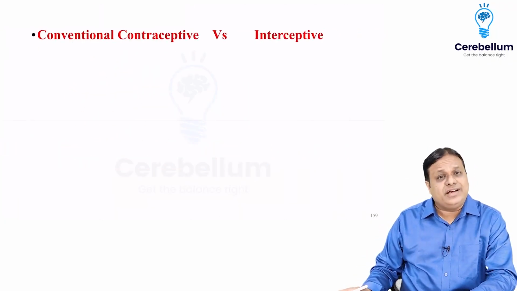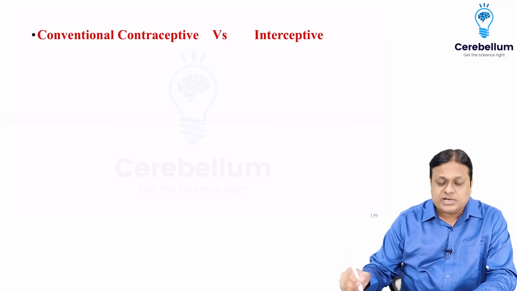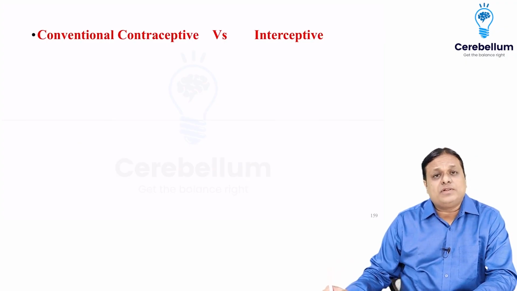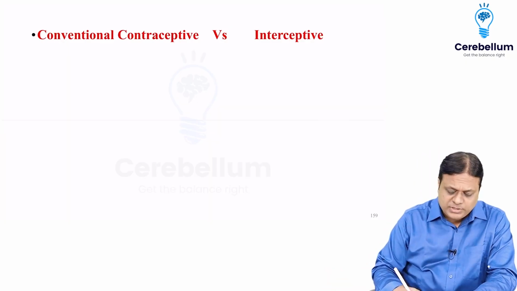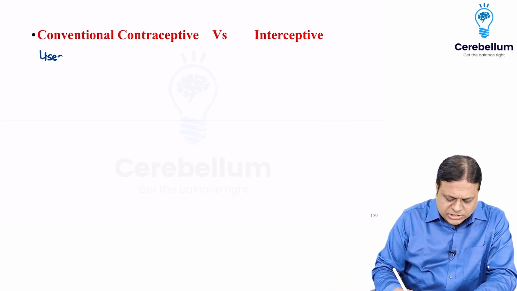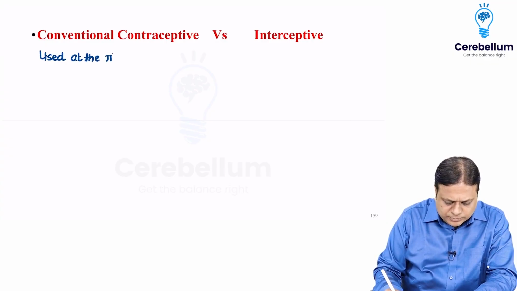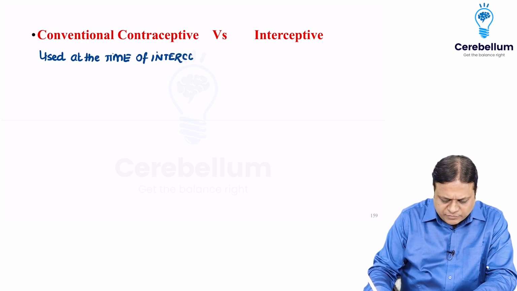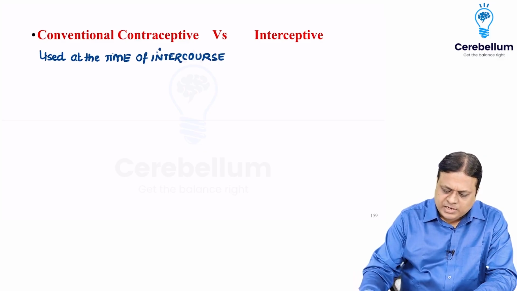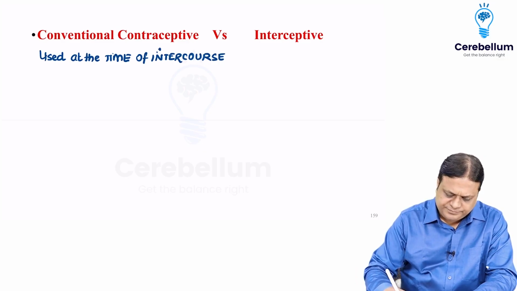Family planning, contraception. We look at first definitions. Conventional contraceptive does not mean contraceptives which are old like Lippis loop. These are contraceptives which are used at the time of intercourse. So which contraceptives are conventional in nature?